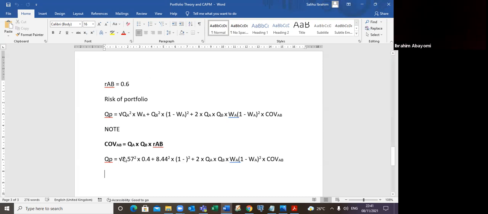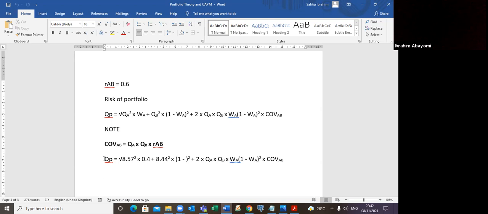So the second one that we started dealing with is risk of the portfolio. And yesterday we said portfolio is a collection of two or more investments. When you have two or more investments, we say that you have a portfolio of investment.